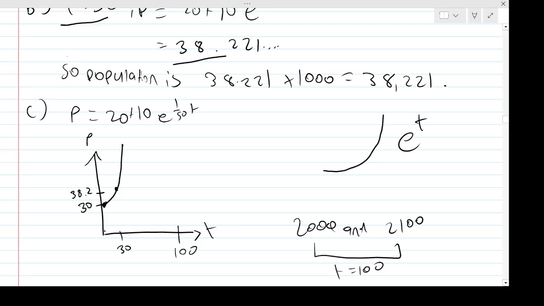So there's a cut-off point. So let's say that's going to be t is 100, somewhere there. I'm probably going to have to adjust my graph a little bit to make that make some sort of sense.